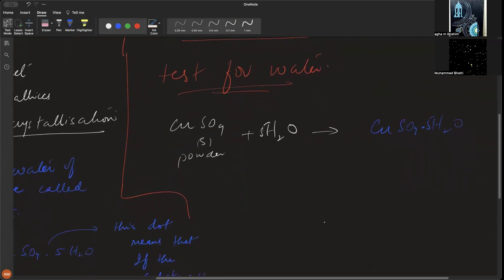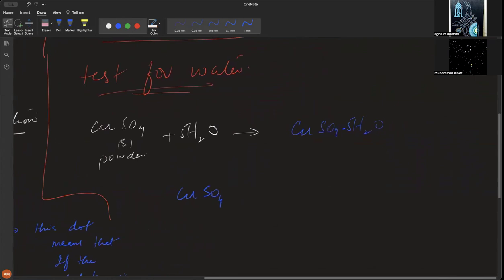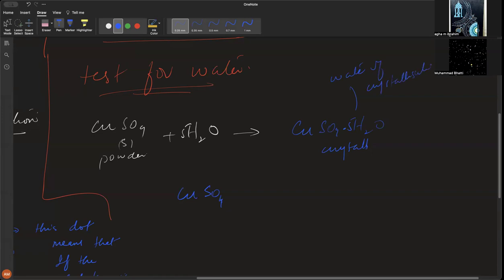Now, if you're going to heat copper sulfate, it is a crystal, right? And crystals have water of crystallization. Is the water of crystallization, right?